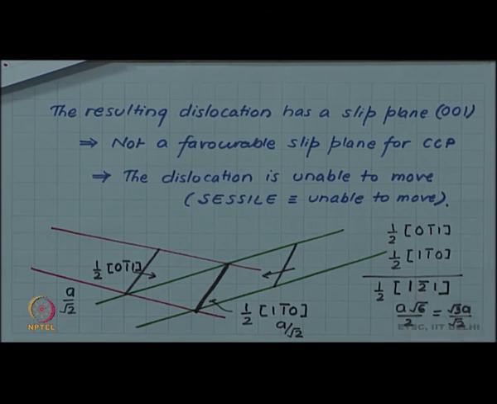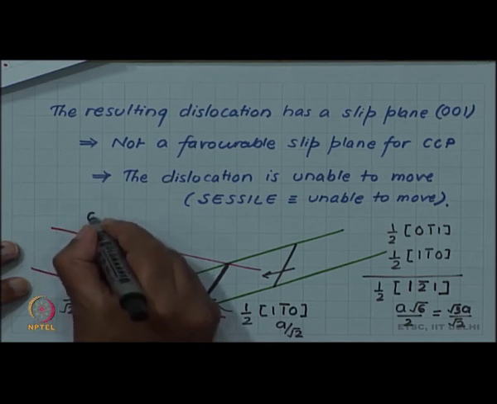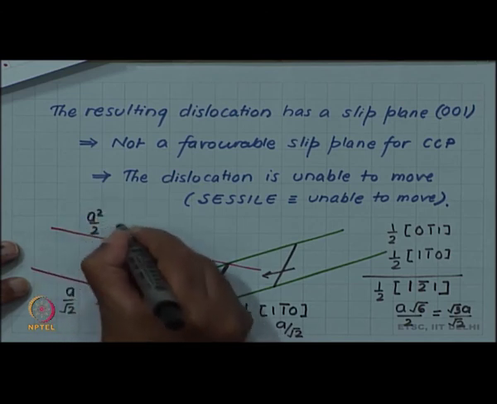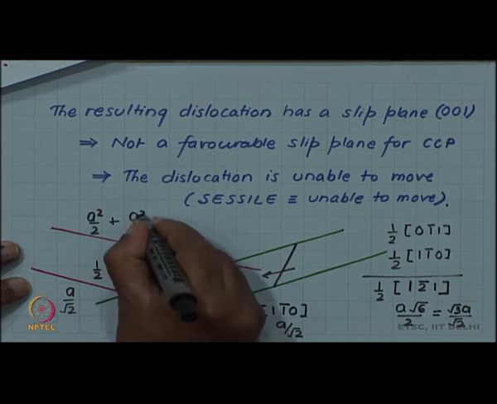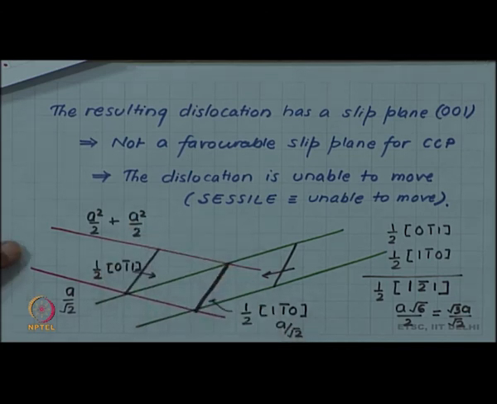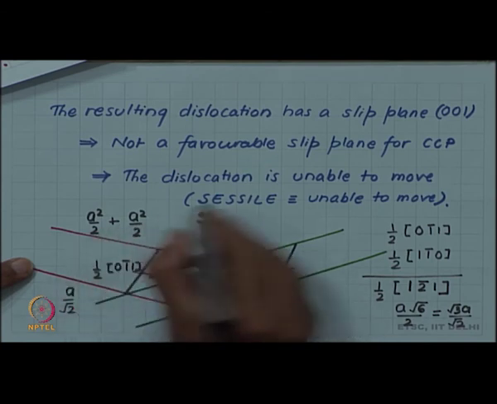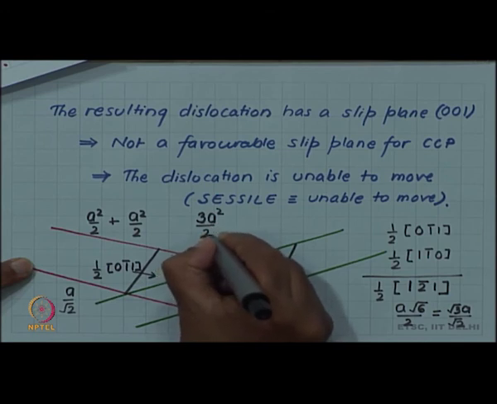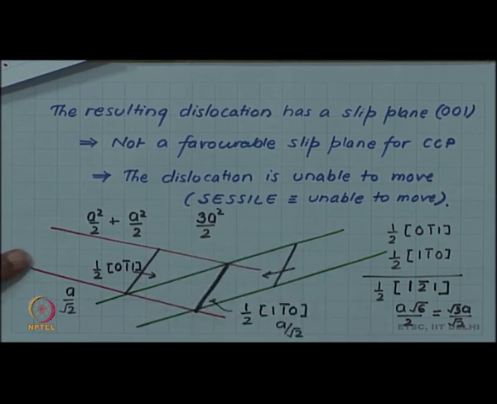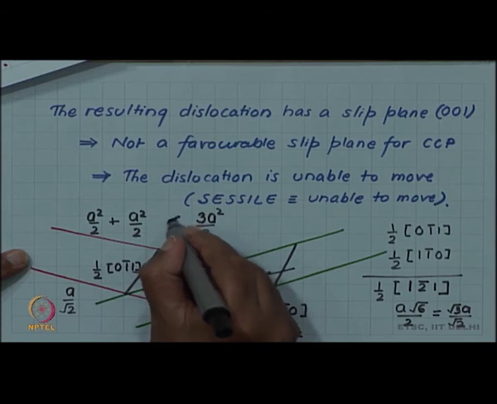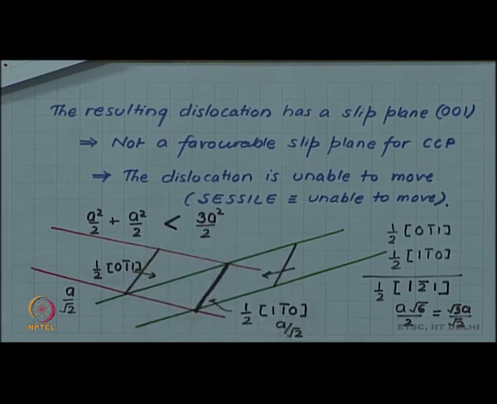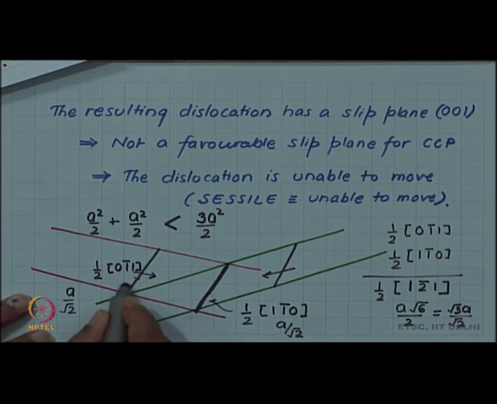So, this is a root 3 times longer vector. So, if we take the energies now, we will find a square by 2 plus a square by 2 before, and 3 a square by 2 after. So, the initial energy is less than the final energy. So, this dislocation now will not like to combine with this dislocation, or in other words these dislocations feel a repulsion.